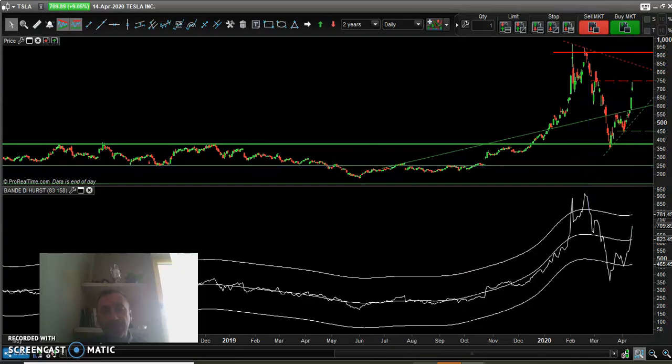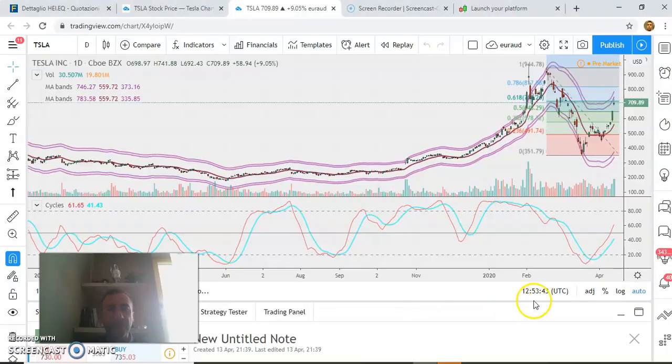As we can see here on tradingview.com, I've created another two kinds of bands, the EMA bands, and here we have the cycle. The red cycle tends to be faster than the azure one, and the cycle is still moving up.